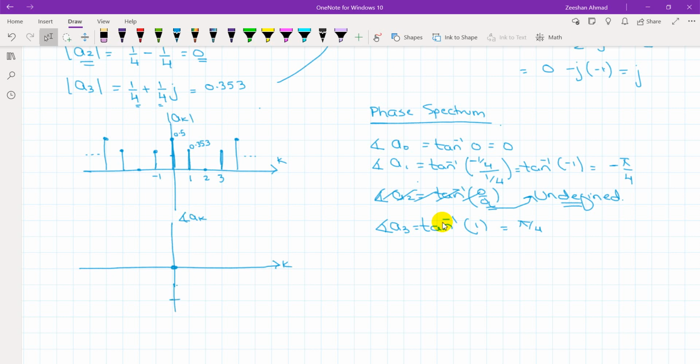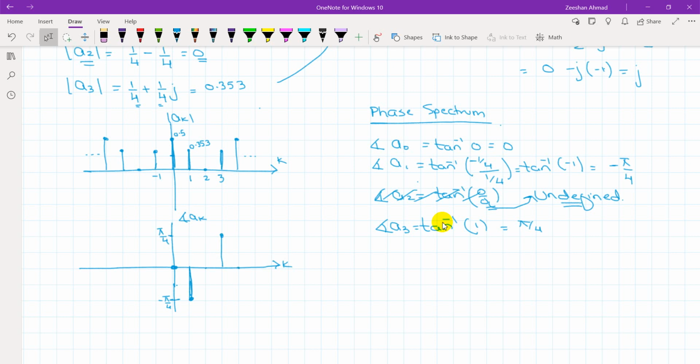Let's suppose I said this is minus pi by 4 here. And at 2, I don't have anything, so leave it. At 3, you can say this is pi by 4 here. And then it will be 0 again, and so on.